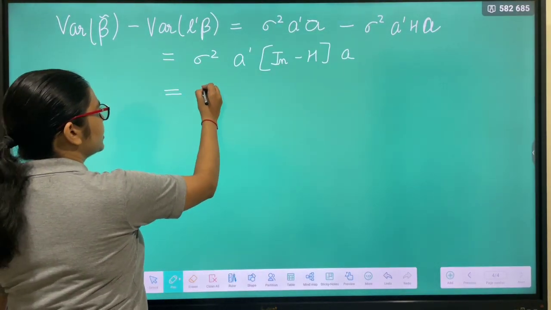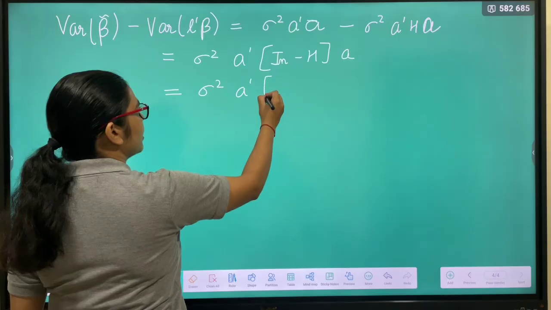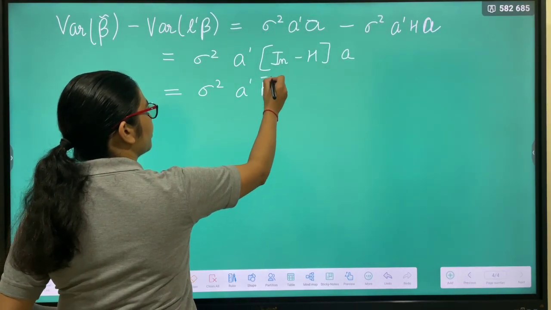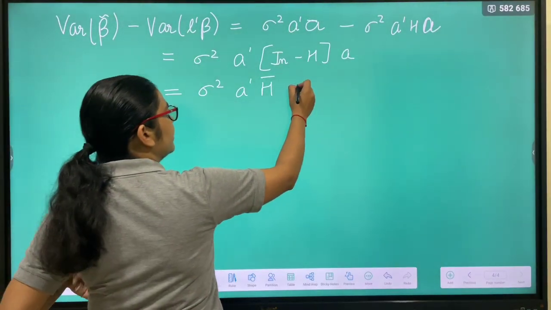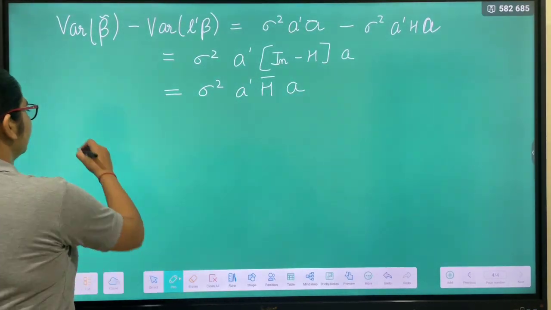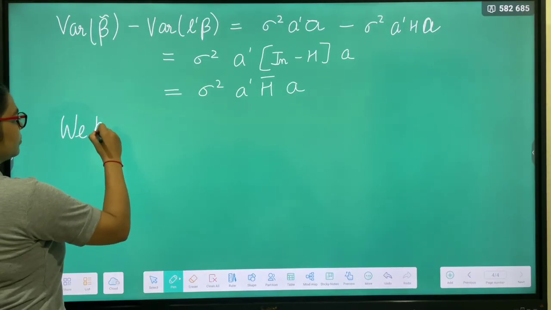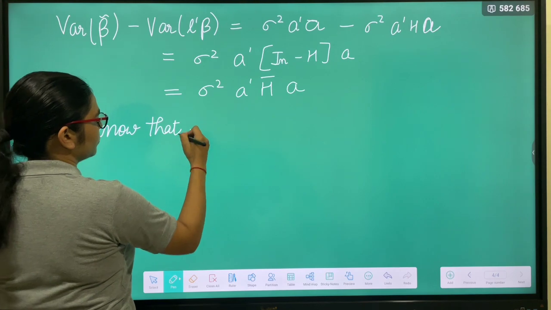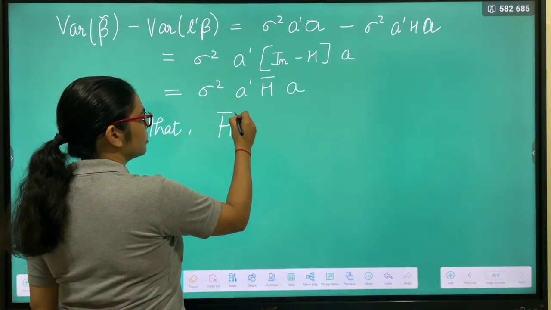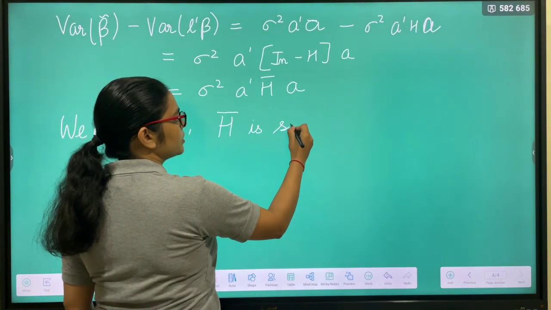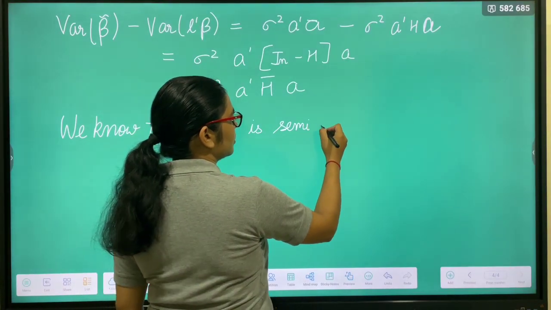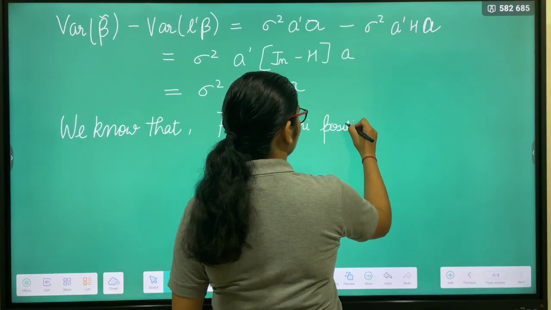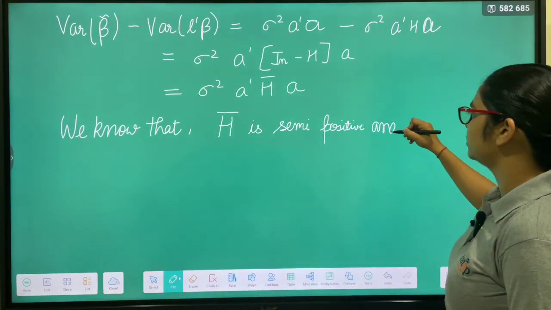So sigma square a' (I minus H) a, where I minus H is H bar, the complement of the hat matrix. Now we know that H bar is a semi-positive definite matrix.